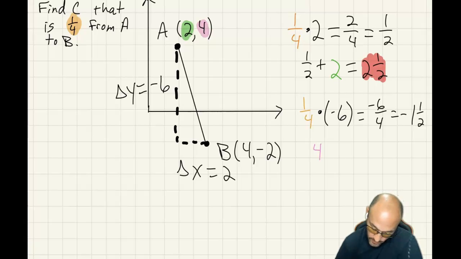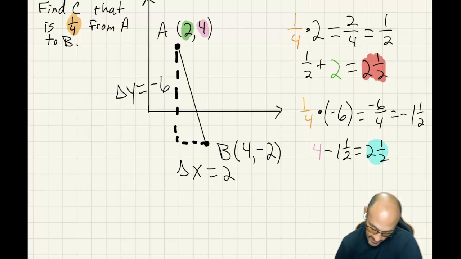We subtract from that, so that 4 is right there, and we subtract 1.5, and that's going to give us 2.5. Turns out they're the same value, which is kind of annoying because it's maybe not as obvious exactly what's going on, but I think we can deal with it. So that's the y value of our point.